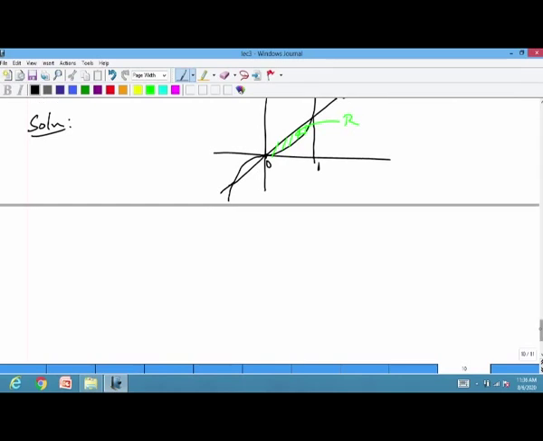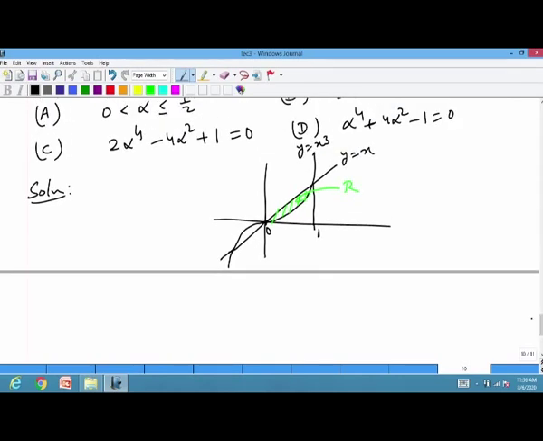So, first let us calculate the area of the region R. Area of the region R is equal to the integral from 0 to 1, where the upper curve is x and the lower curve is x cube.